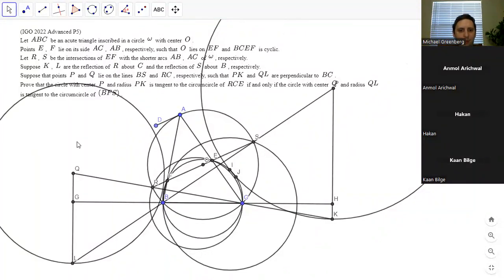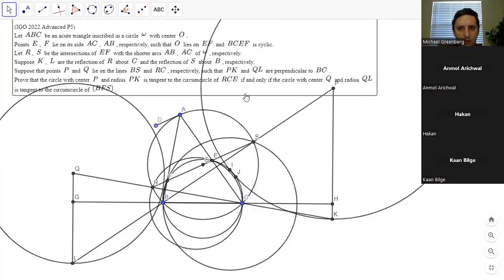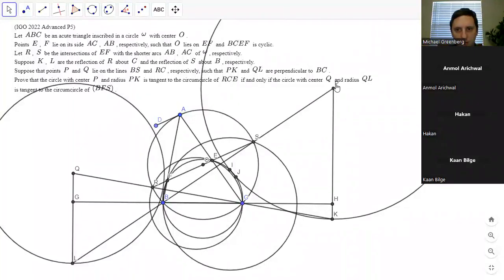Let me read the problem again. So E and F are on AC and AB. So O lies on EF and BCEF is cyclic. That seems true. R and S are the intersections of EF with arcs AB and AC.